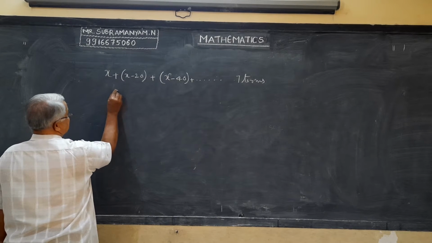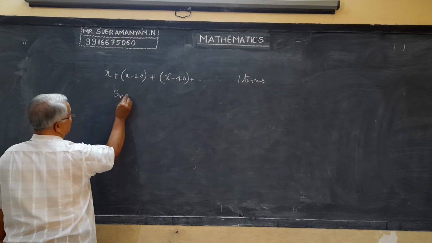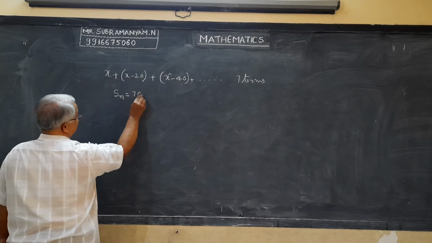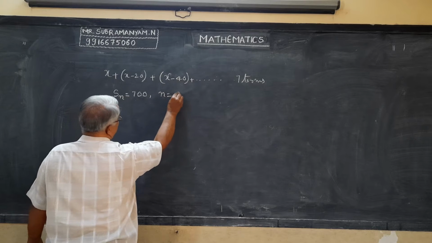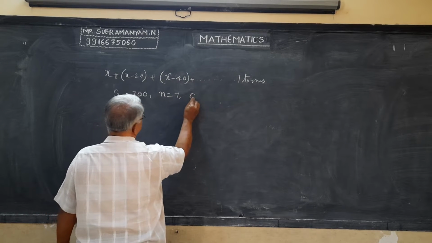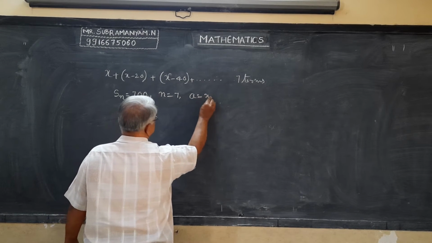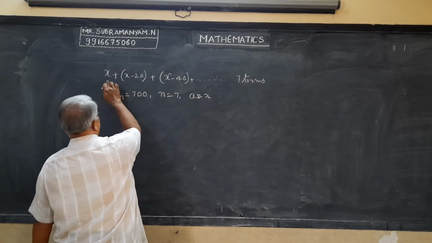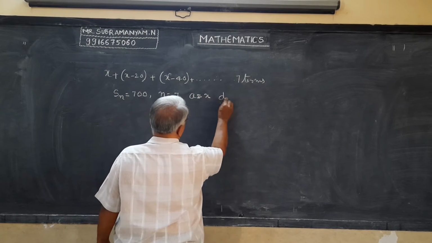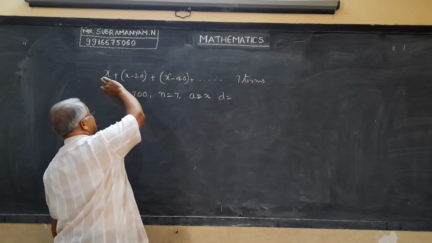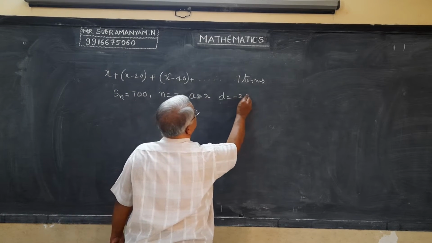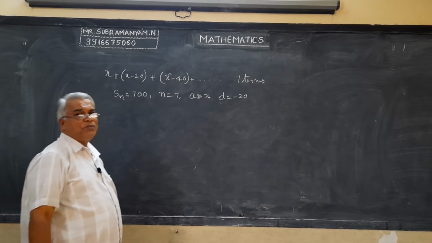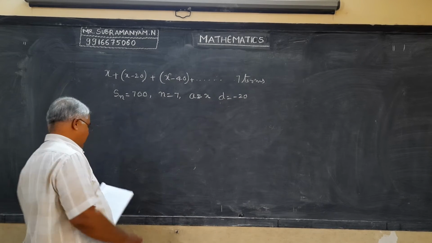That means Sn value equal to 700. N equal to 7. A equal to X. A means the first term. Next, D value. What is D value? This goes on decreasing. We write minus 20. So with this data, we solve the problem.